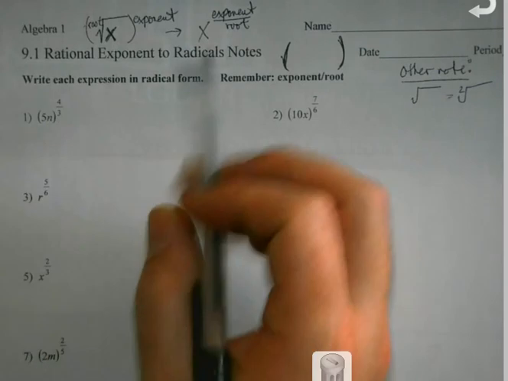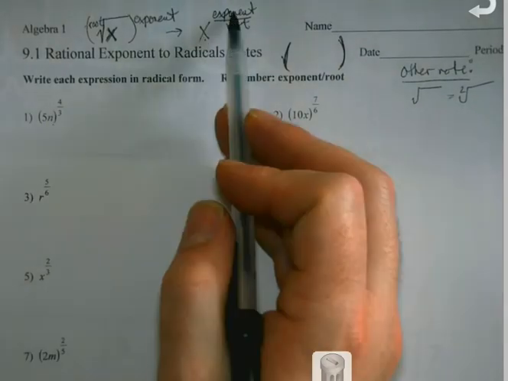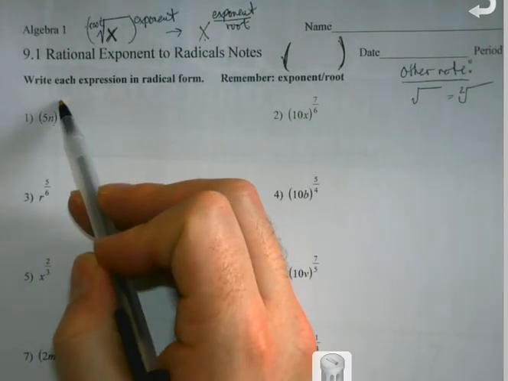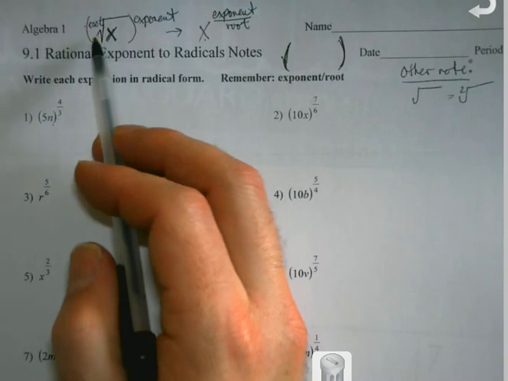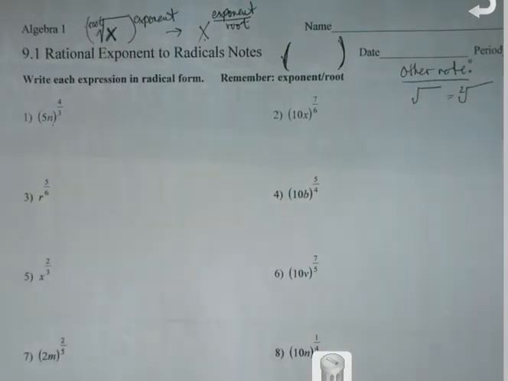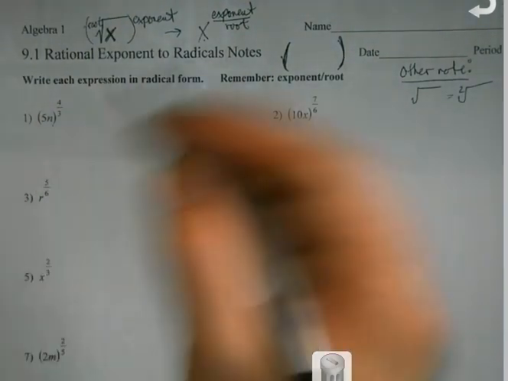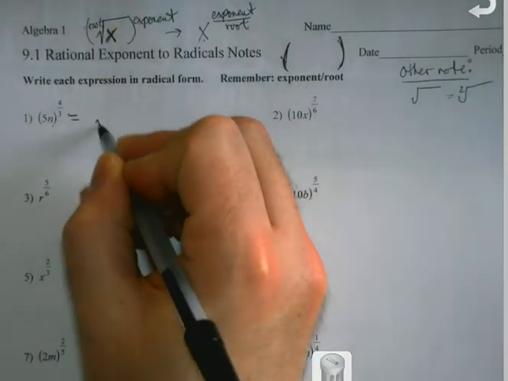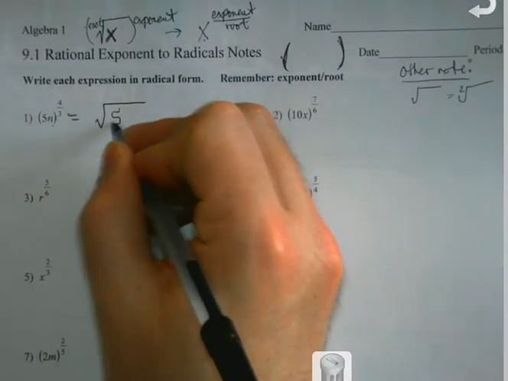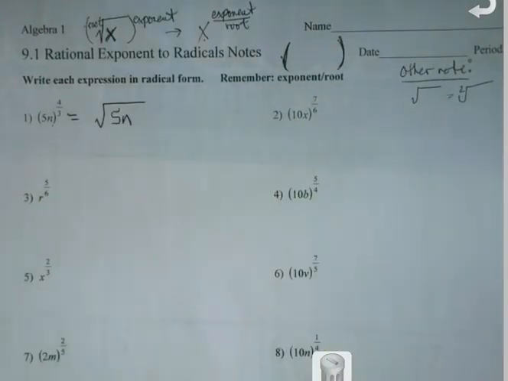Whenever I've got something in an exponent form, the exponent's going to be my number on top, and what's called the root, like when we do a square root, is going to be what's in here. So when I go to express this as a radical, I'm going to put whatever's in the parentheses inside my radical.